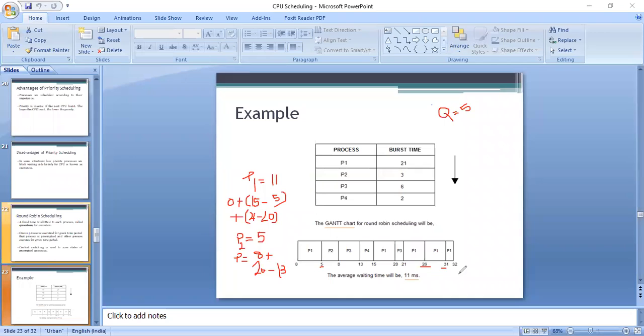And at this point, it has completed its execution and has never been allocated CPU again.